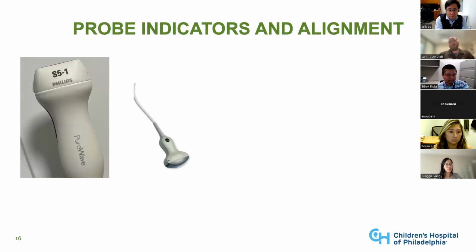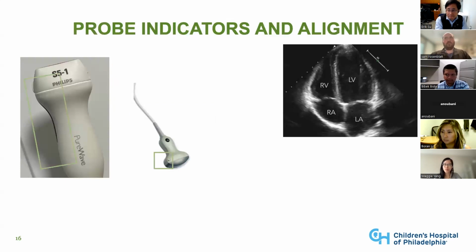All probes have a probe indicator. On here, you can see the curvilinear probe has a little dot on the left side. On this Philips phased array probe, there's a little line on the left side of the probe. The reason this is important is that ultrasounds always have an indicator on them. Which side it is on can be variable based on your specialty, the exam you're doing, and what's going on.